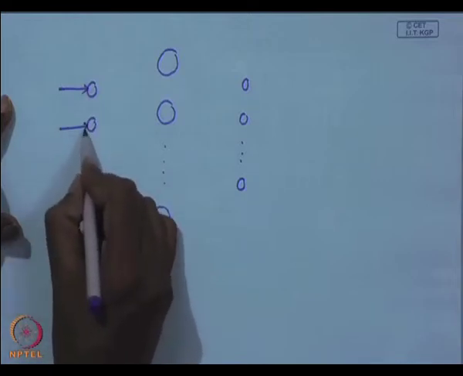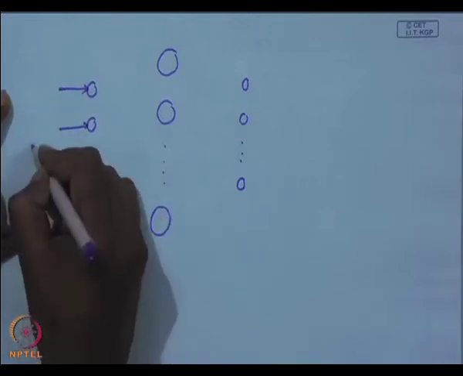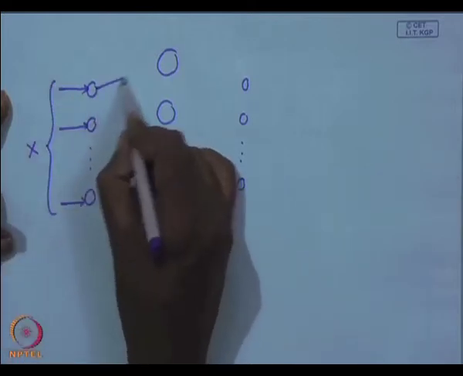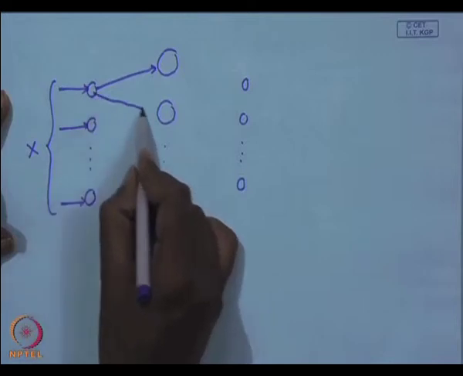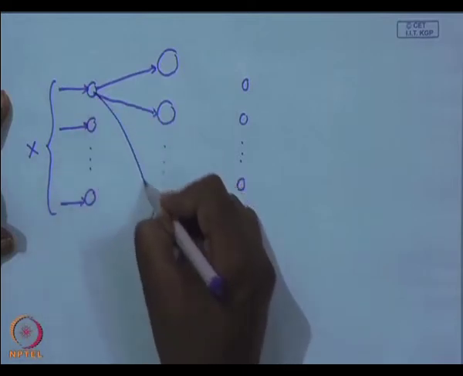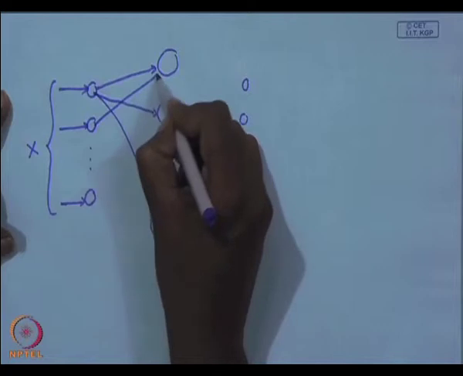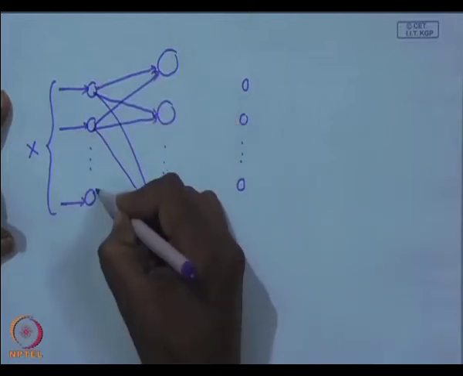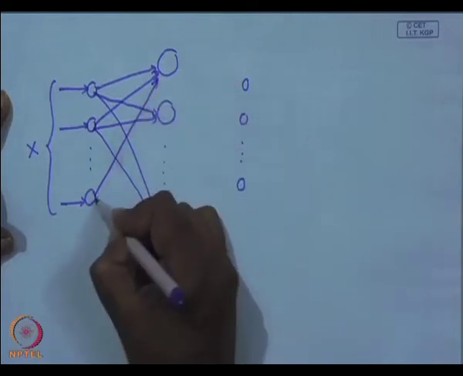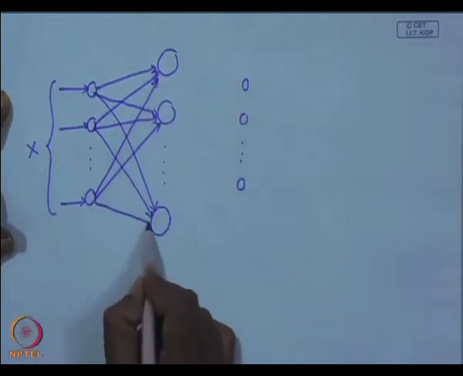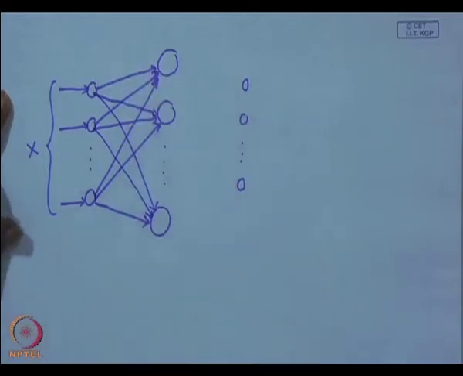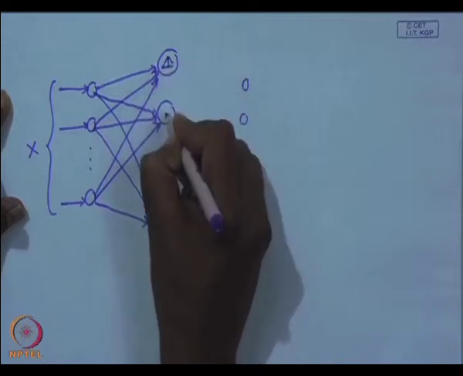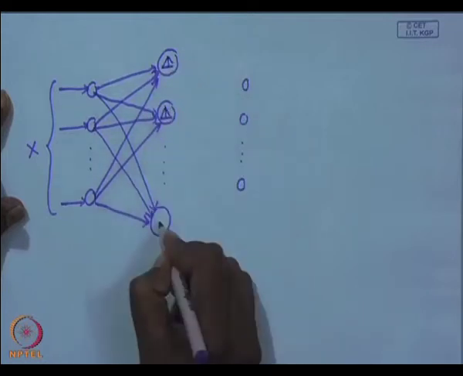The feature vector is fed to the input layer nodes. So, here I feed x, which is fed to the hidden layer nodes through connection weights, which are 1, and the outputs of these hidden layer nodes are my radial basis functions.